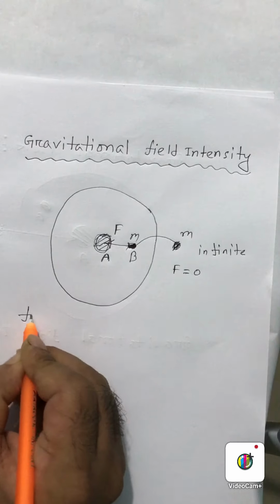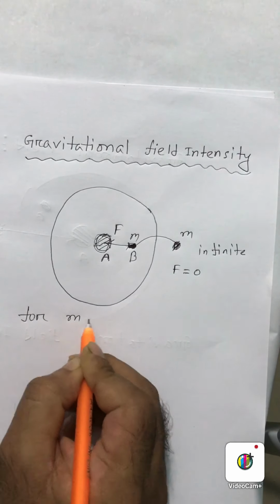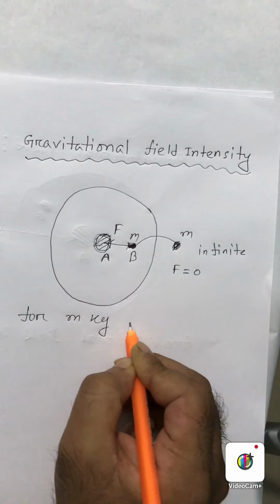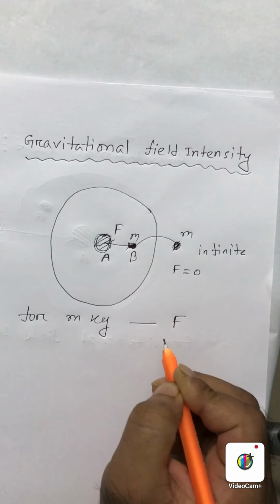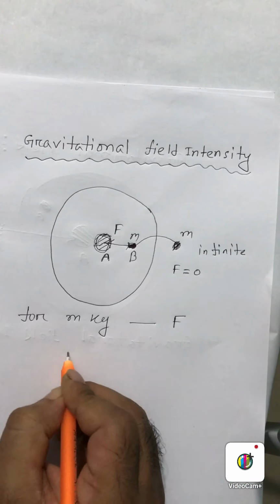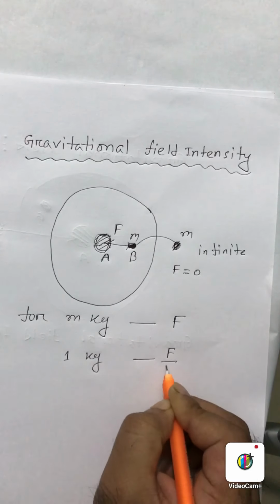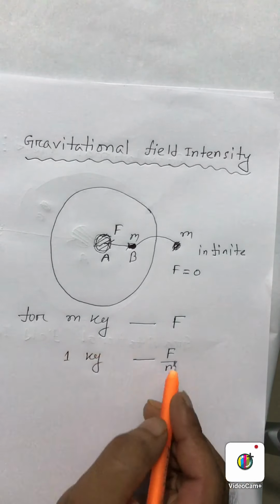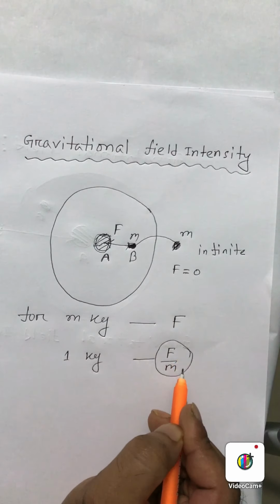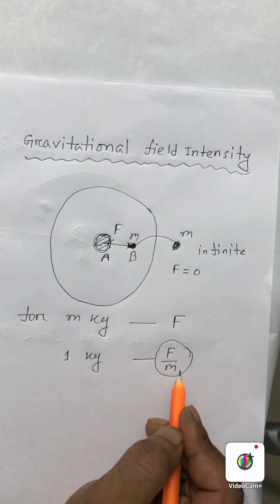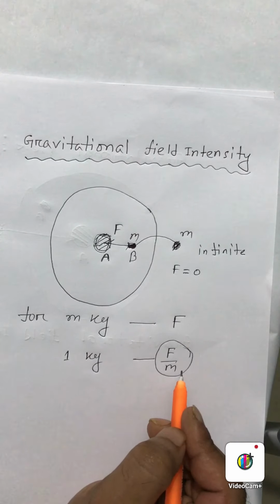So for m kg mass, the attraction force is F, but for 1 kg mass, the attraction force is F by m. So F by m means the attraction force on a 1 kg mass.